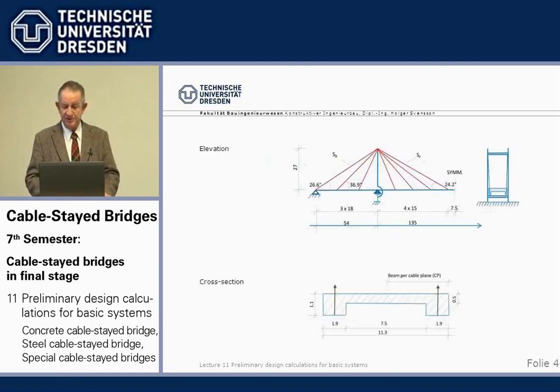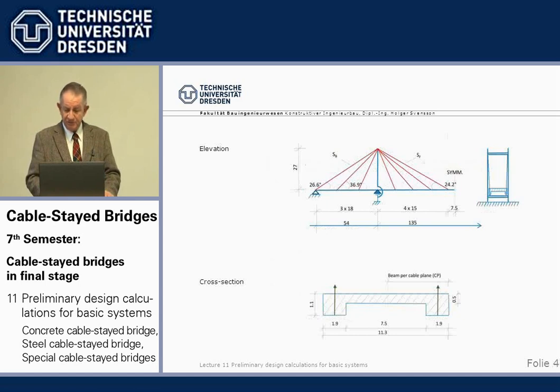A simple system, a symmetric, 3-span cable-stayed bridge. Now, for symmetric loads, which we are considering here, we can use 1/2 of the bridge, and we have a side span and a main span with 54 or 67.5, the 1/2 bridge. It's a tower with vertical legs.